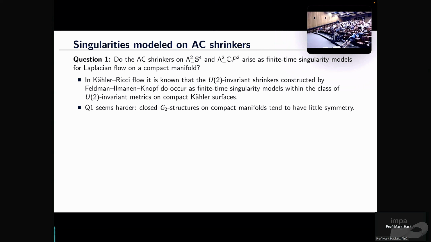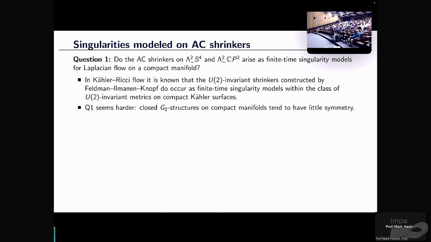So a natural question is, well, we wanted to find shrinkers that were possible models for finite time singularities. So do these actually appear? At the moment we don't know. Analogous questions in Kähler-Ricci flow are understood.